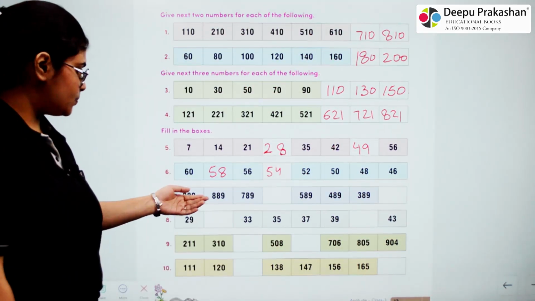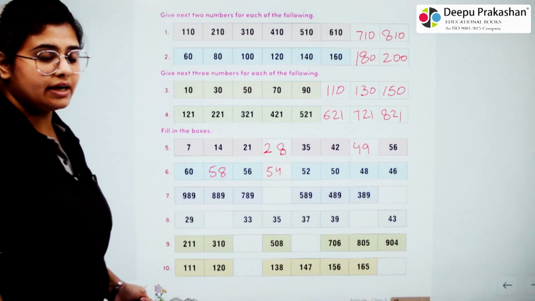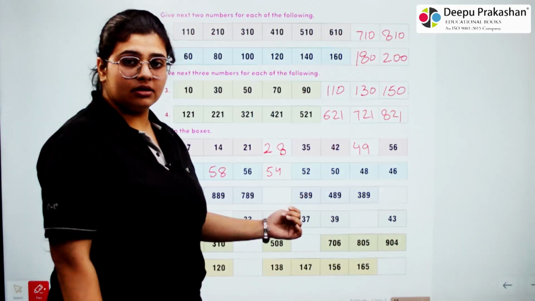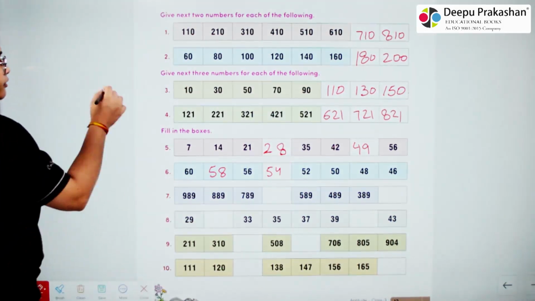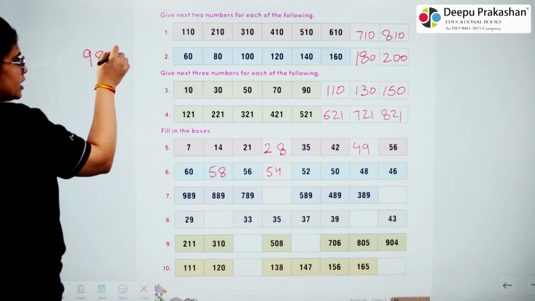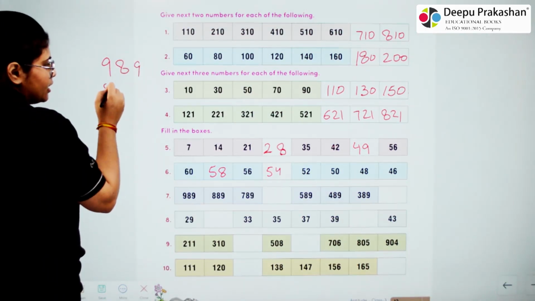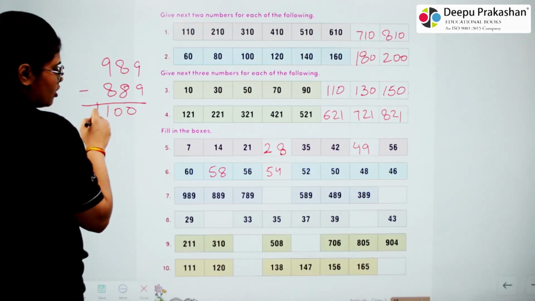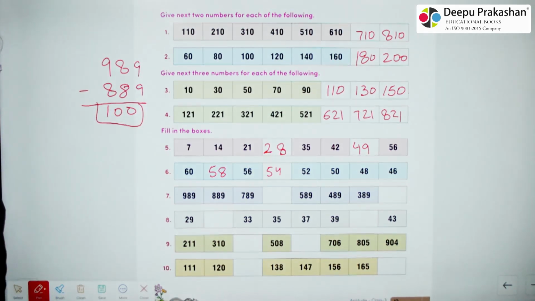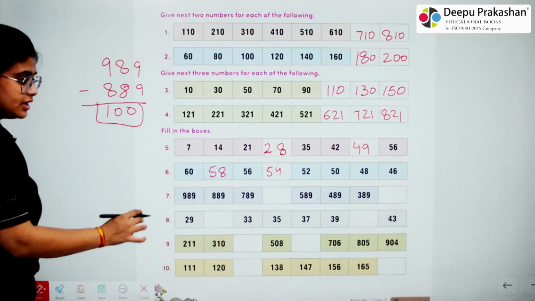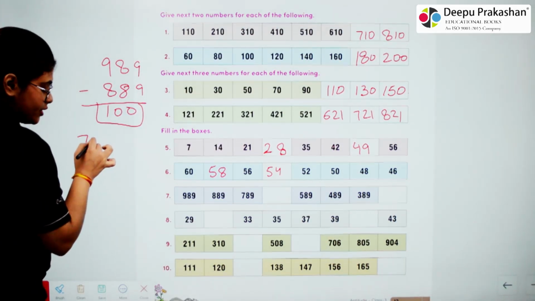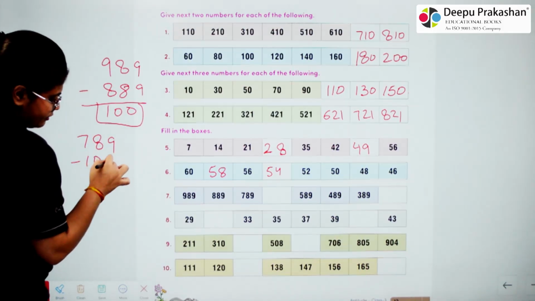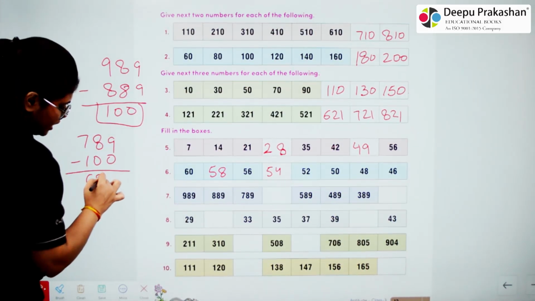Seventh, we are given 989, 889, 789, dash, 589, 489, 389 and dash. So if we look at the first two numbers, we are given 989 and 889. That means there is a difference of 100. So to find the first missing number, we need to subtract 100 from 789 and we will get the answer as 689.